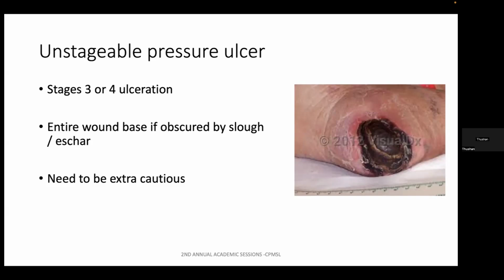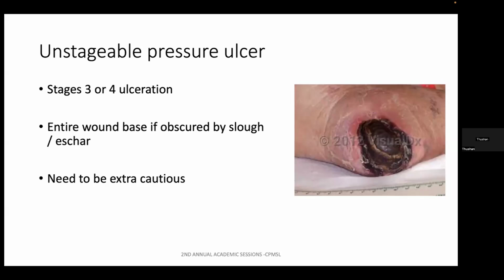And sometimes we leave it alone to make sure that we don't expose the underlying structures. But if there's infection, we might not see what's going on either. So be careful if you see a pressure ulcer like this, as to whether you're missing something, and therefore you look at other things like, is it boggy? So it feels soft underneath.